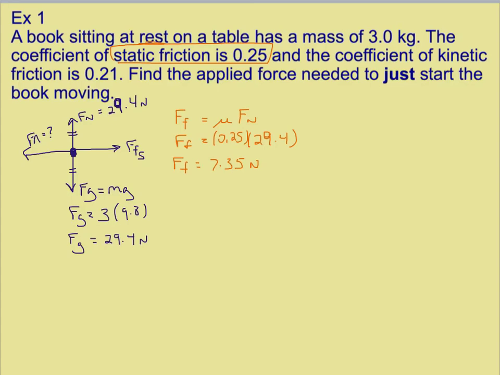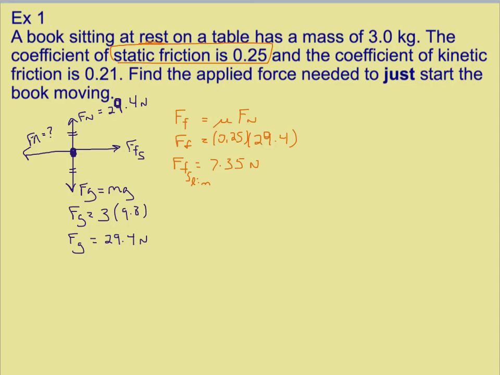So now the question is, oh, and I should say this, actually, this is static friction, and because we're using mu times Fn, that's actually going to give us the limiting static friction. Remember we talked about how there's two types of friction, there's kinetic and then there's static. Kinetic is when one object is sliding across a surface, static is when it's at rest, and then we mentioned this limiting static friction. Limiting static friction is the maximum amount of friction that an object that's at rest can resist pushing with.